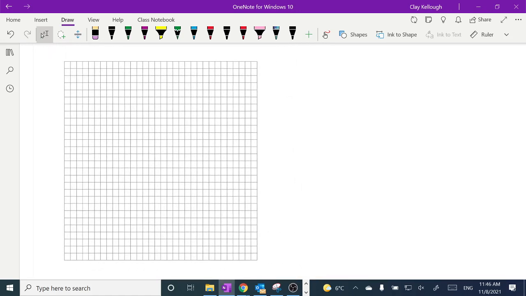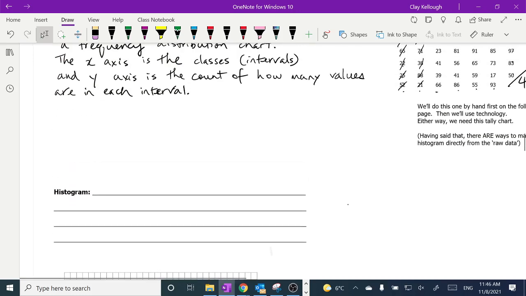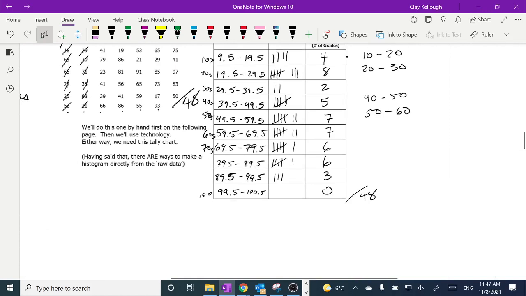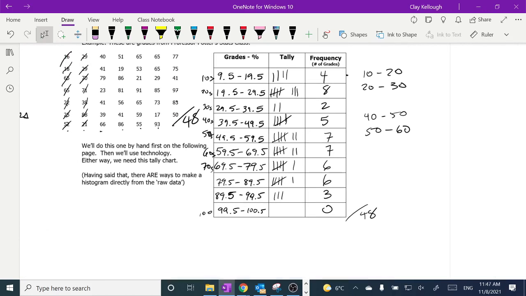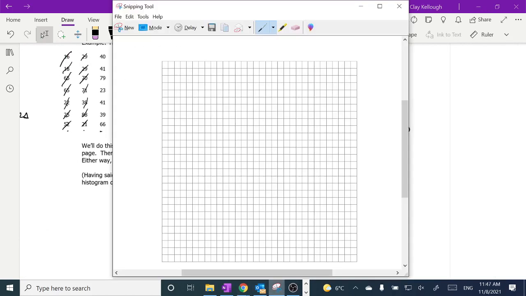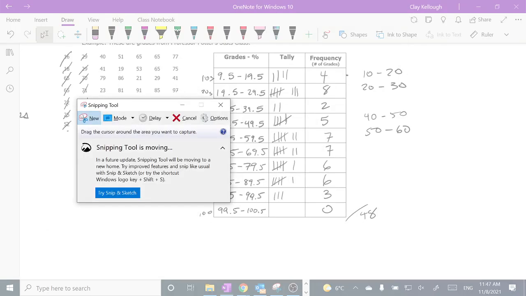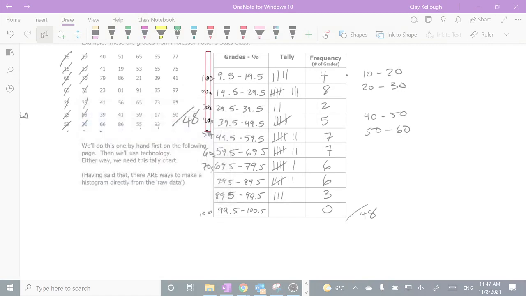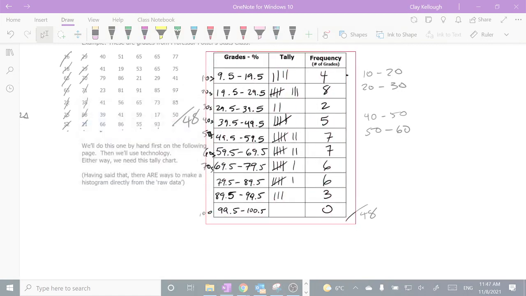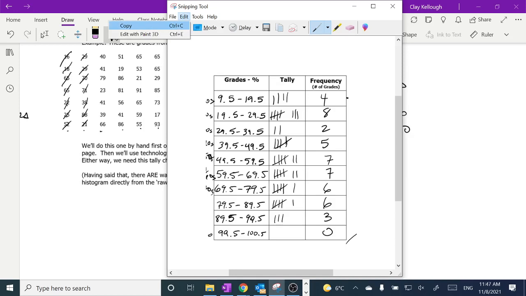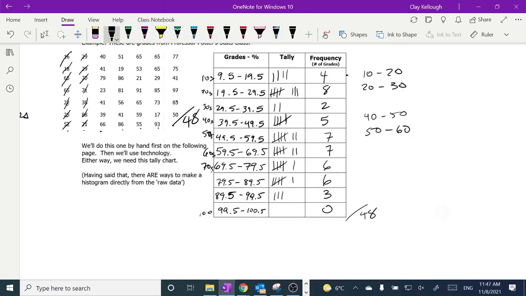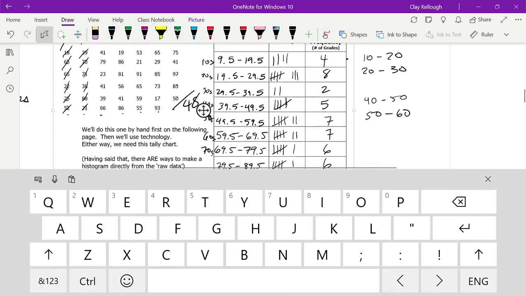Okay, so let's see. What is my actual tally chart again? Let me go back to my tally chart. Where are you, tally chart? We're over here. Let me cut and paste that too. So we're going to cut this out and paste it. And okay, so where's this?